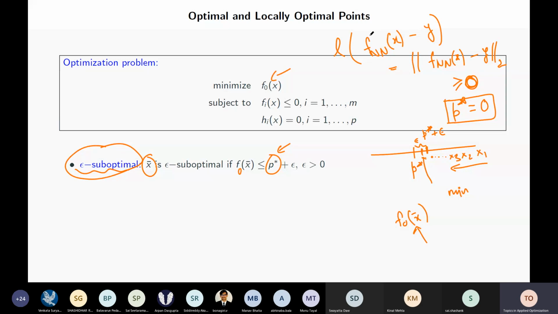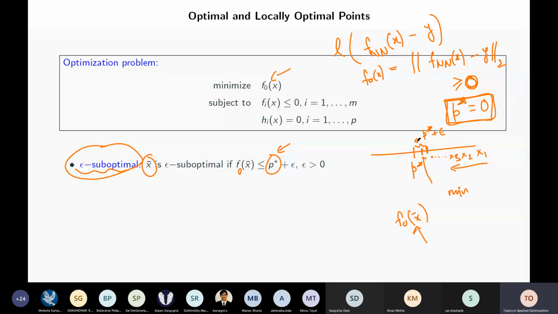To well tune the weights, you have to actually run gradient backprop and all those things. We will see these things later. But for the moment, let us say this is how your objective function f naught x is defined, and let us say it's an unconstrained problem. Then you more or less have an idea that your optimal value is supposed to be 0.